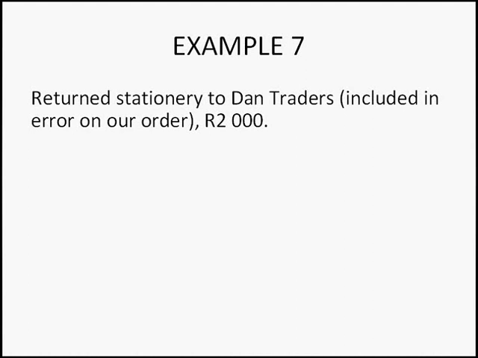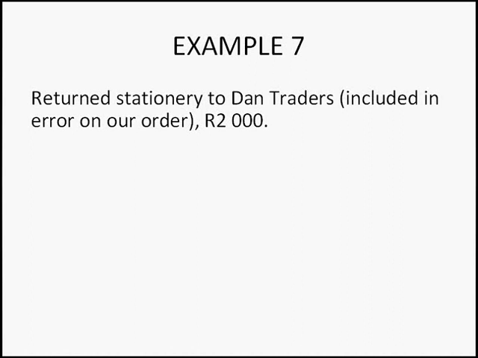So in the books of the business, my expense shows a greater amount than it should, and therefore I now have to correct it. So what are the two accounts involved? Well, it's exactly the same as the previous example. Nothing has differed because I'm returning stationery, so my stationery account needs to be adjusted, and I'm returning it to one of my creditors.